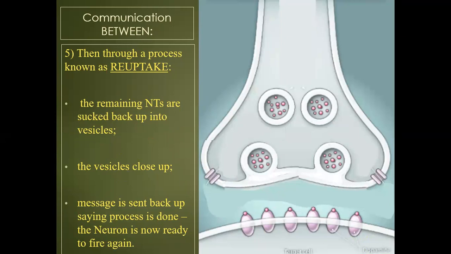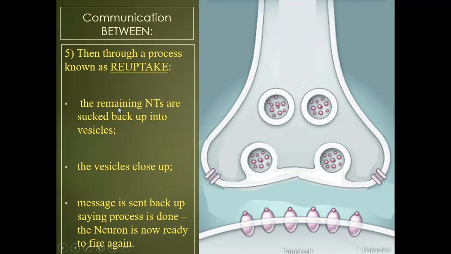And again, until we're finished, the neuron can't fire again. So part of it is getting ready to reset itself. It's going to have to suck back up all of those neurotransmitters that are still left outside, pull them all back up into the vesicles again, close up, and then another signal is sent saying that it's done here.